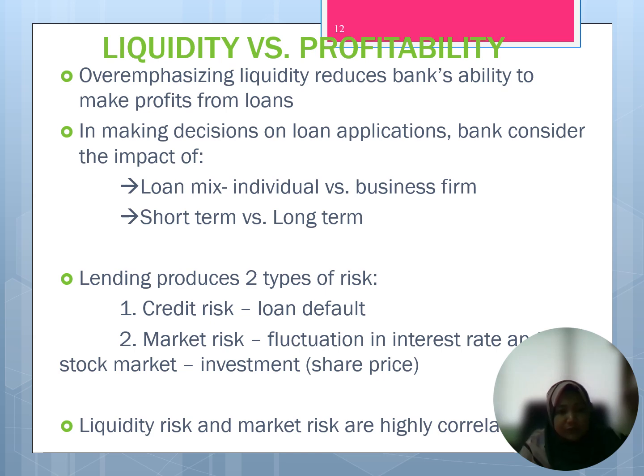So the portfolio does not depend only on short-term or long-term loans, but on household loans and also business loans. This can balance liquidity and profitability, because they try to reduce the risk related to lending activities.